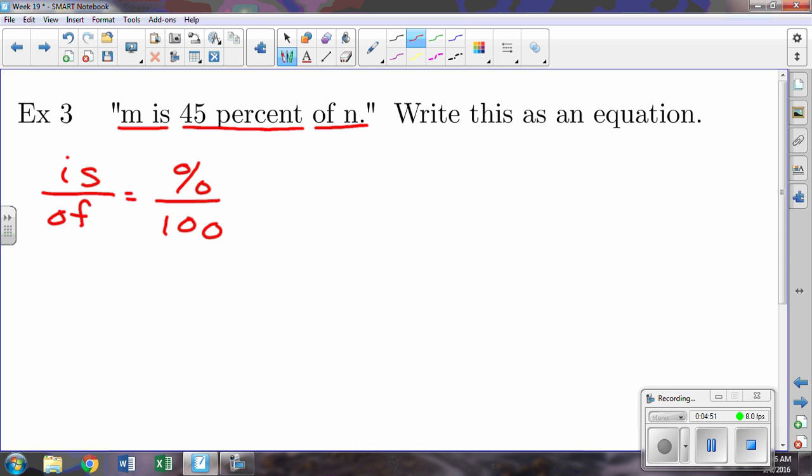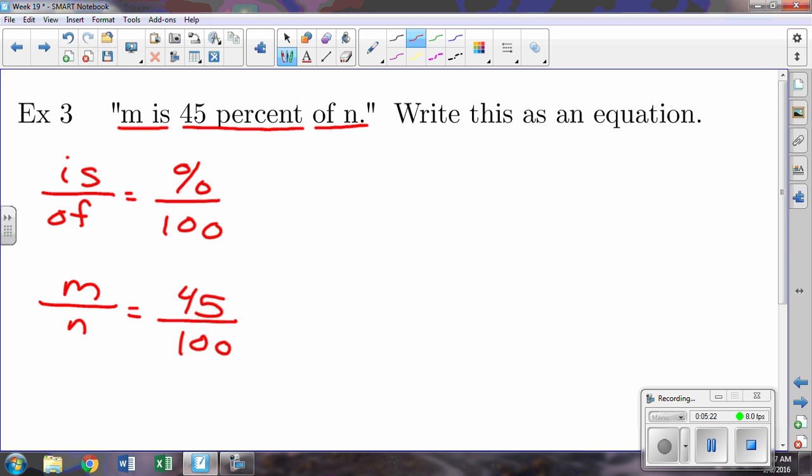By choosing these keywords, is, of, and percent, they help us identify where the things go in the percent proportion. M is, so m goes in the is position. 45%, of course, goes in the percent position. Of n, so we can then build a proportion.